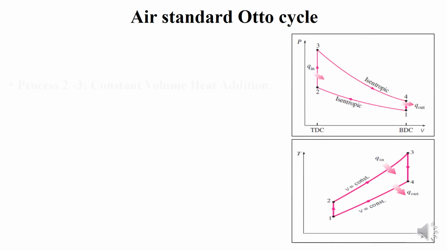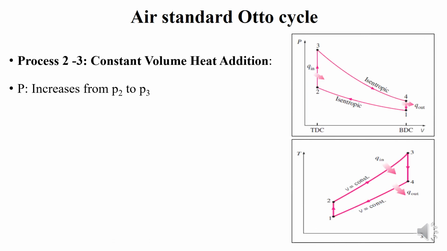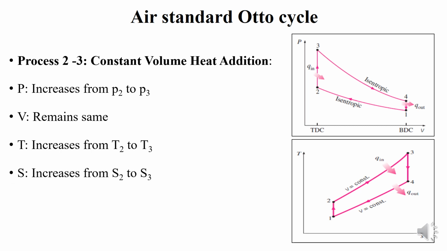So 2 to 3, that is constant volume heat addition, what will happen? Pressure increases, volume constant, whereas temperature increases, entropy increases.